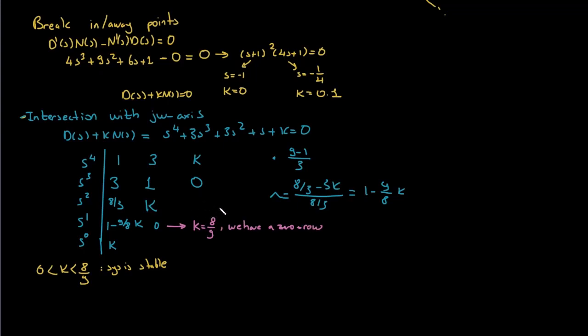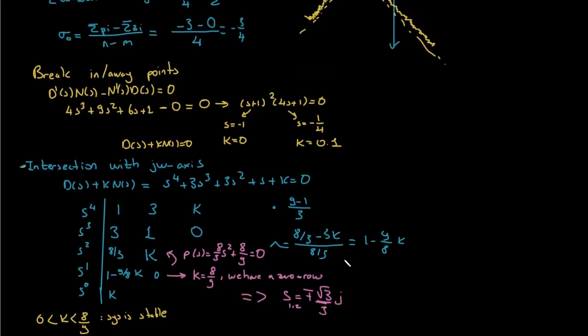And if you have a 0 row, you can go one step up and construct the auxiliary polynomial here. So p of s is equal to 8 over 3 s squared plus k, with k equal to 8 over 9, and it is equal to 0. Okay, and from there you will have s equal to plus or minus j square root of 3 over 3.